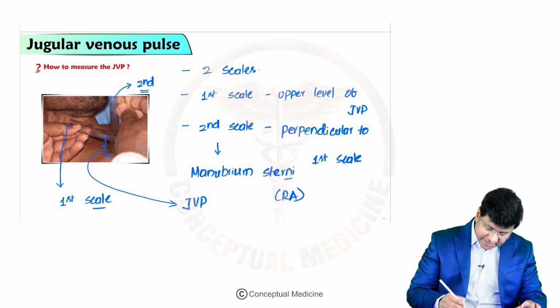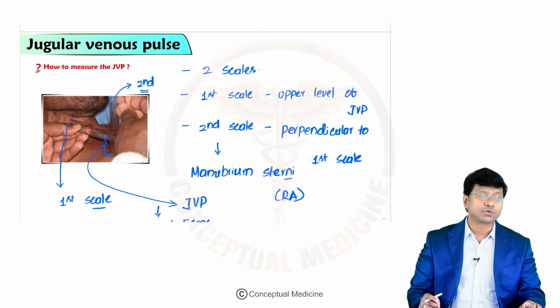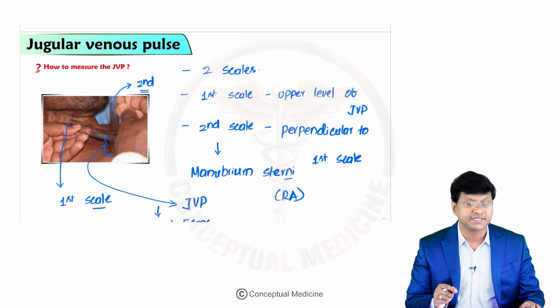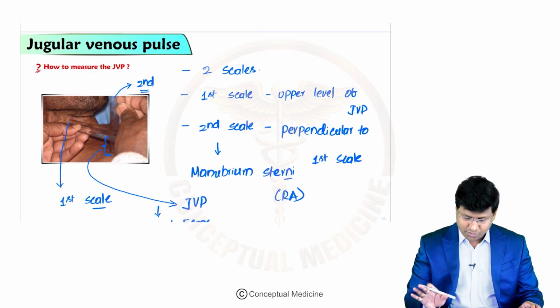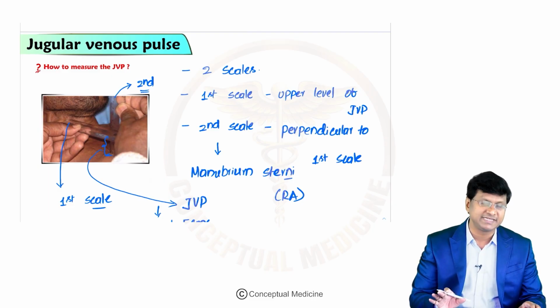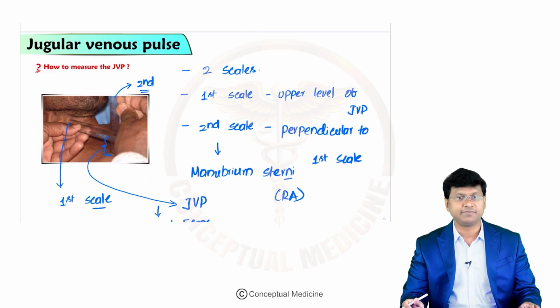But to this measurement you need to add 5 centimeters. So how much is the normal JVP we have discussed? 6 to 8 centimeters above the right atrium. So measurement of the JVP bedside is a very important examiner's question even in your final exam viva.